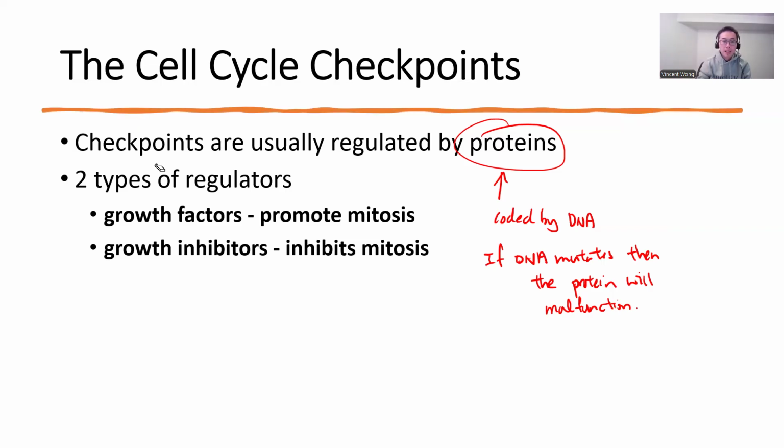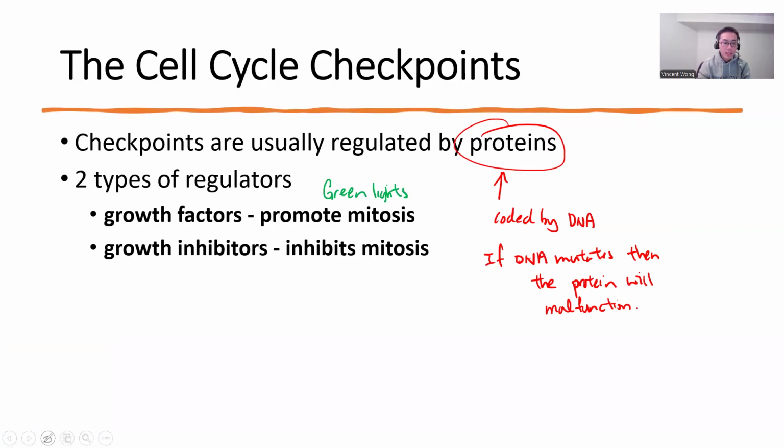Okay. So there are 2 types of regulators, 2 types of these checkpoint proteins. There are those that are called growth factors, and as the name implies, they are there to promote mitosis. You can think of them as green lights.